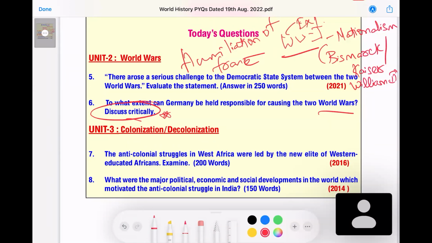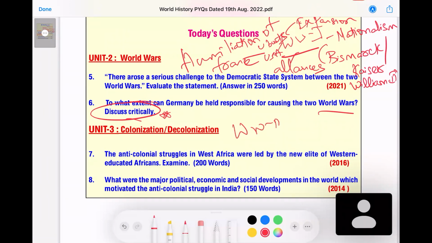Expansion attitude. And then forming alliances. Okay. So all these are primary issues. And then also you can say during World War I, Germany attacked the USA in the name of U-boats or the submarines. So all these are primary reasons for Germany initiating and continuing the World War I.